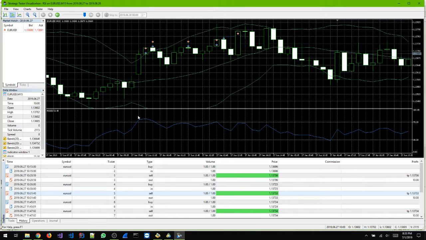The third thing it does, based on Gordon's specifications from his documentation, is check that these RSI values that I'm comparing are above the 50 line.